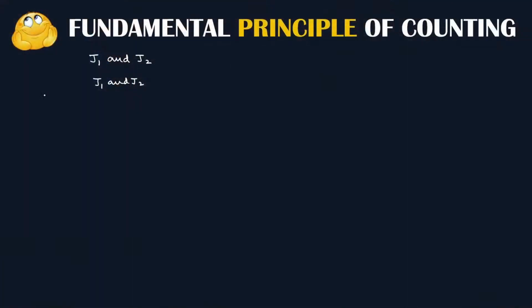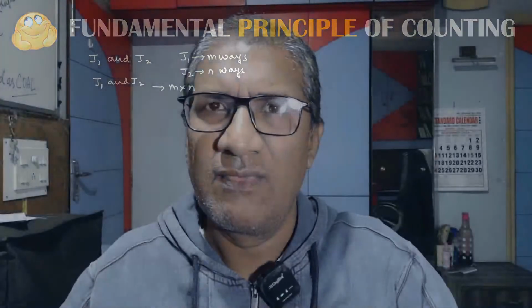Let us say J1 can be done in m ways and J2, job 2, can be done in n ways. Now if the work is to be completed by completing job 1 and job 2, the total number of ways will be m into n. Is it clear?